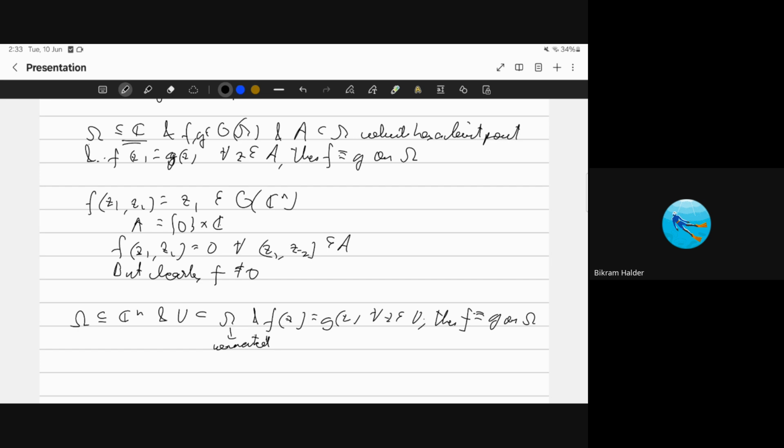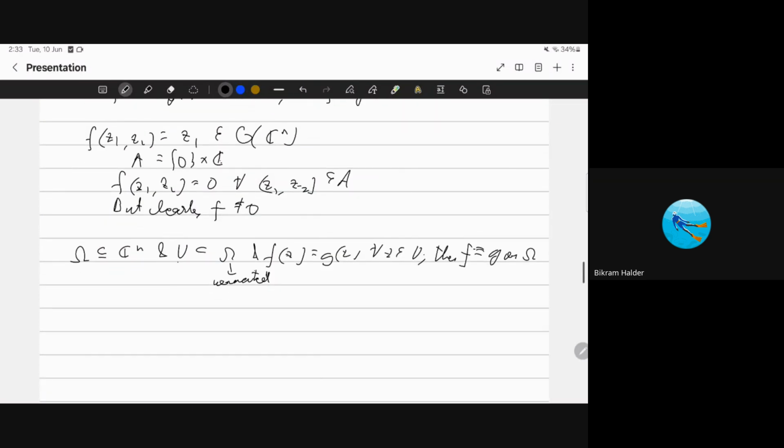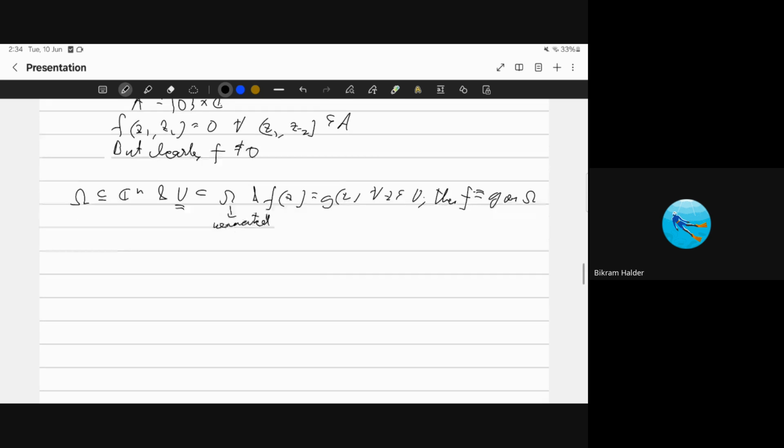For example, A is sort of a one dimensional object in C2, right? We have more moving room, so we have to put sharper constraints, and so we need something which is of the same dimension. Open subsets are submanifolds of the same dimension as Cn, so it makes sense that this would be the case.